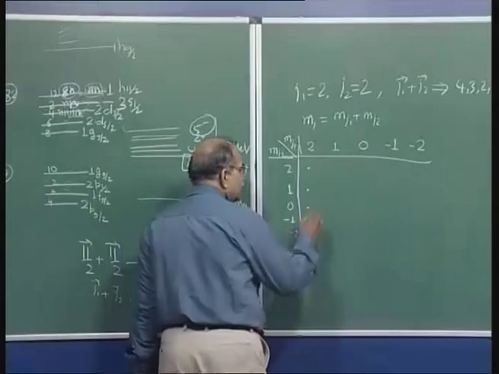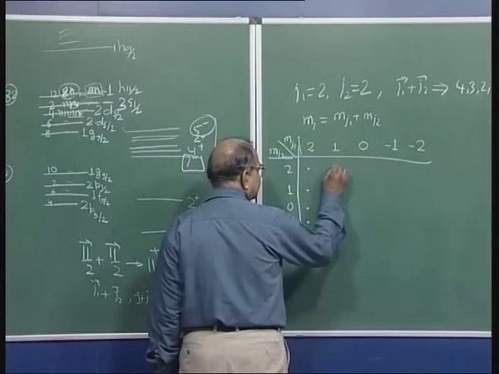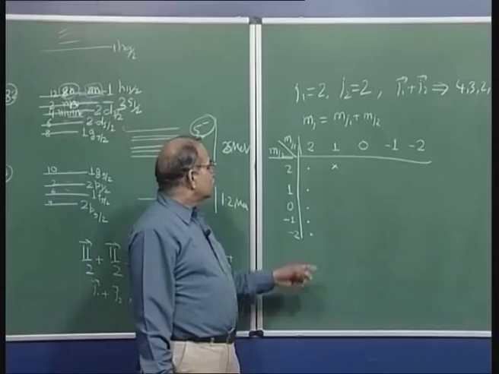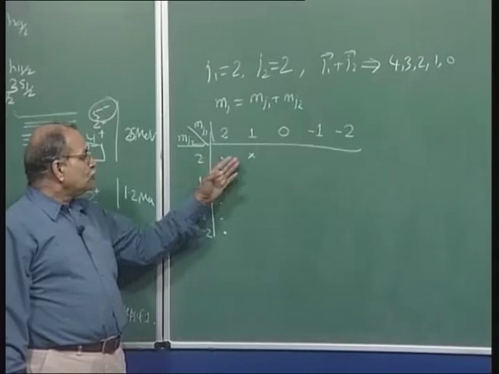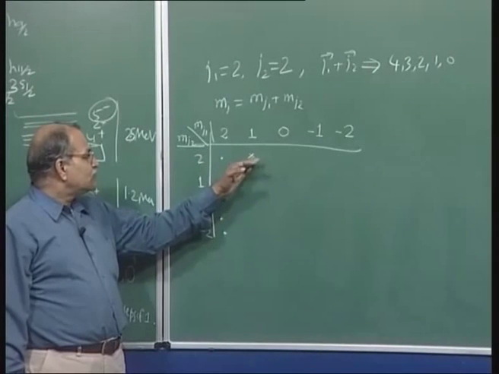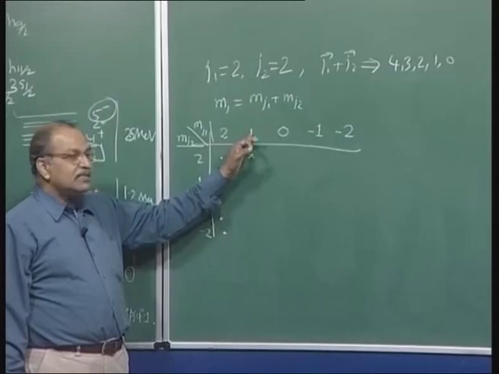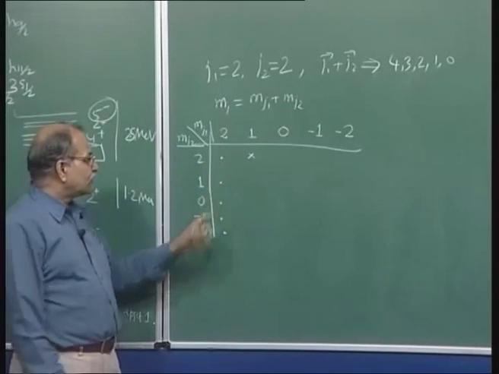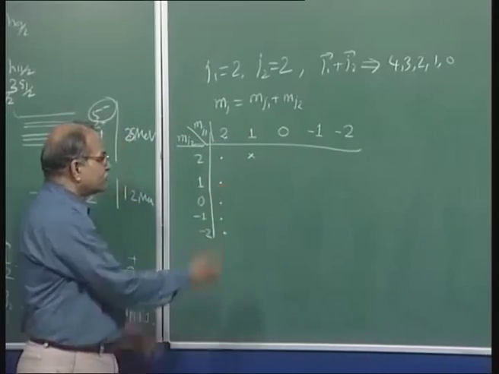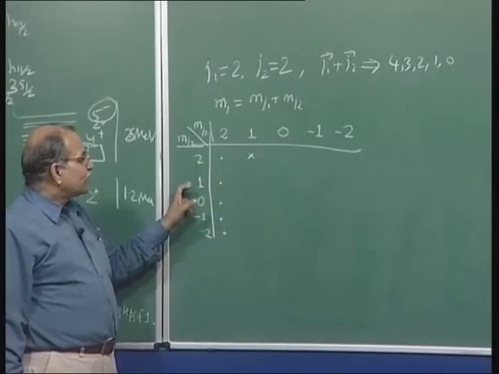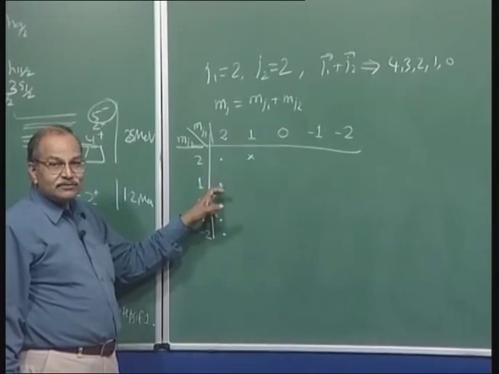Now, correspondingly look at this point, for this one, mj2 is 2 and mj1 is 1, and for this point here, mj2 is 1 and mj1 is 2.